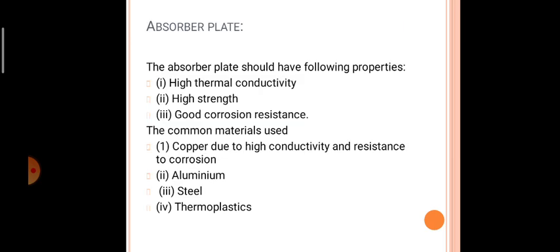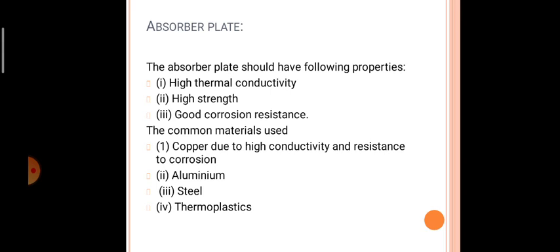The absorber plate. The absorber plate should have the following properties: high thermal conductivity, high strength, good corrosion resistance.